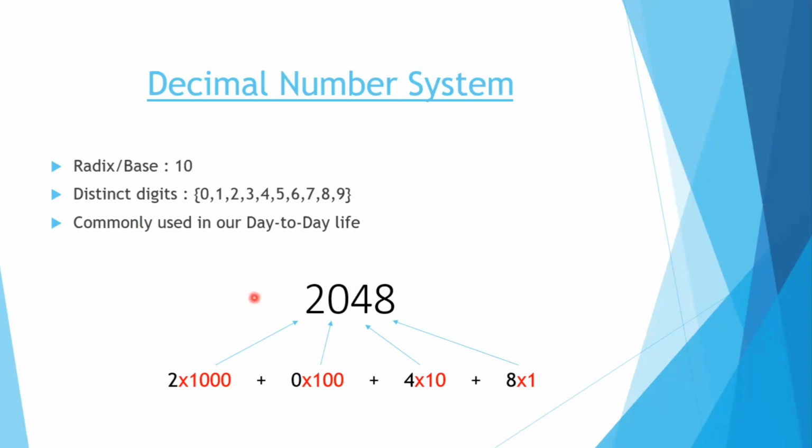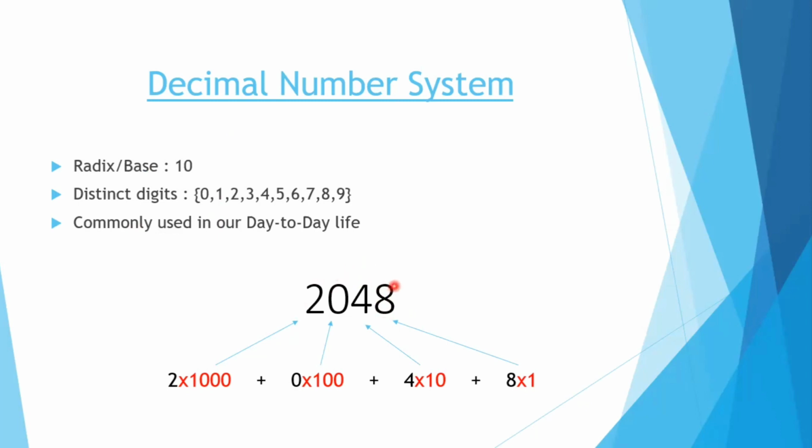Let's look at an example. So let's take 2048. Each digit in 2048 represents an increasing power of 10. So this is the units place, this is the tens place, this is the hundreds place, and so on.